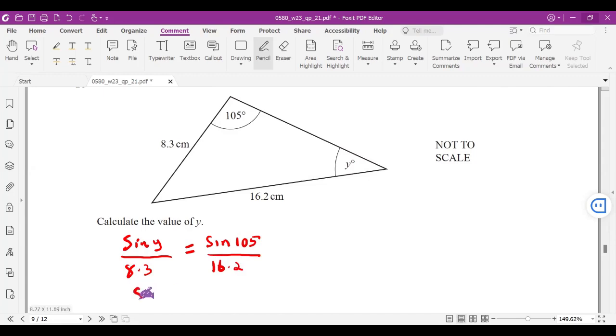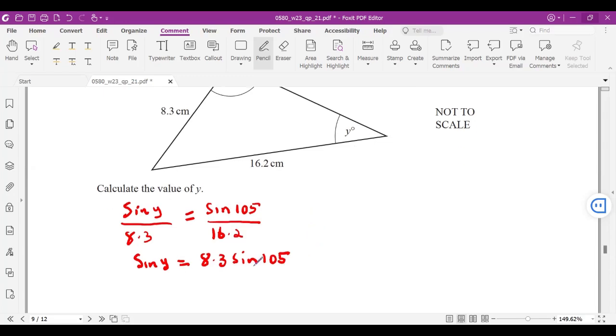So here we have sine y equals, if you make sine y the subject, 8.3 sine 105. Remember that sine 105 is the same thing as sine 75 degrees. So all over 16.2.